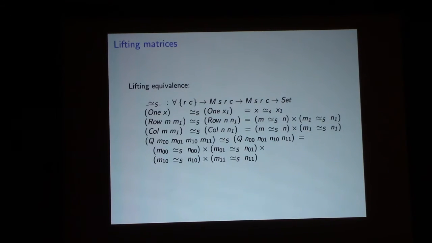Here is the simplest part of it all, I'd say. In the semiring we had an equivalence relation, so we have to lift it to the matrix structure. The big S signifies that we do it on matrices instead of the small s, which we have on the elements. So we lift the single element to just be the equivalence on the elements, and on the rows it's a product of equivalences, and so forth.